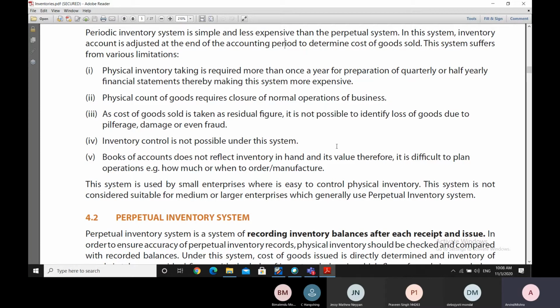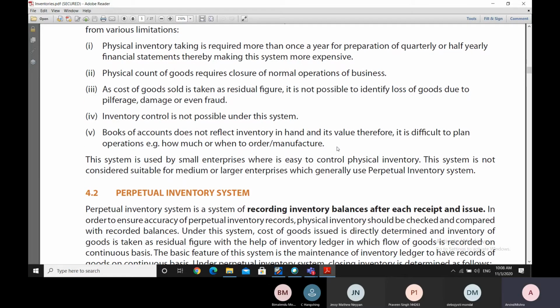Whenever we take the inventory physically, only then are we able to find out the actual inventory in hand. The inventory in hand is not always available to us, and therefore it does not help us in planning how much we have to produce or how much we have to order or manufacture.